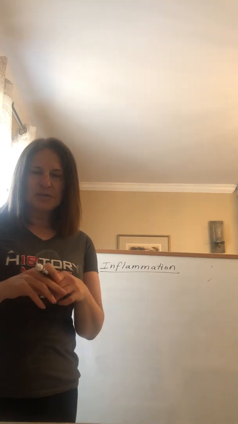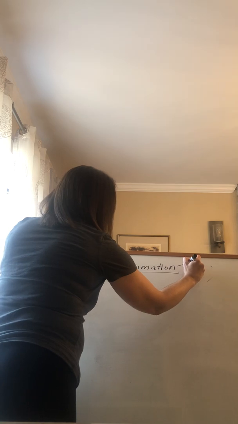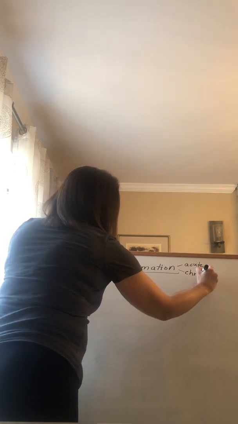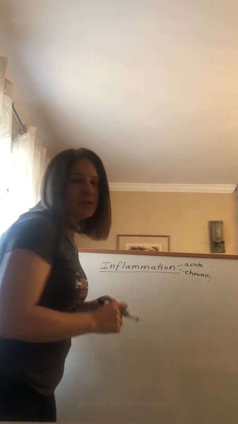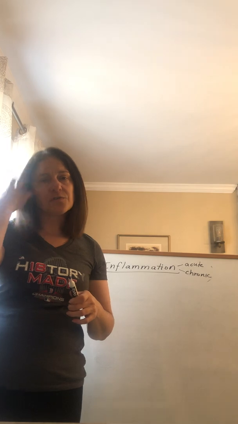People think inflammation is bad, okay? So when we think about inflammation, we have to think about kind of two general types. You have acute inflammation, which is what we're going to focus on, and then you have chronic. Chronic inflammation is the one that is not good, but acute inflammation is beneficial for a variety of reasons, okay?